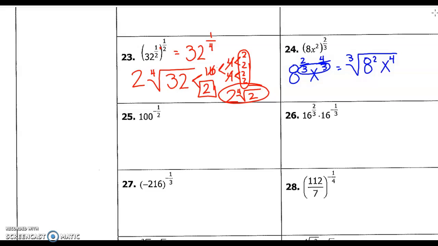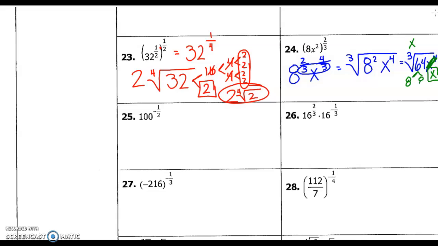So we know that 8 squared is going to be 64. We have 64 x to the 4th. So if I'm making groups of 3, I know that I can make one group of x's, and I'm going to have a leftover x. 64, let's see, the cube root of 64 is not pretty, so I'm going to break it down.